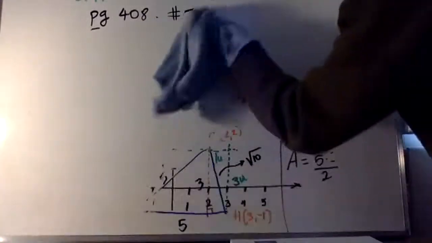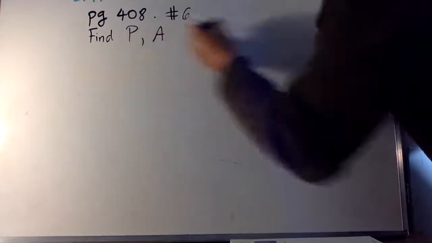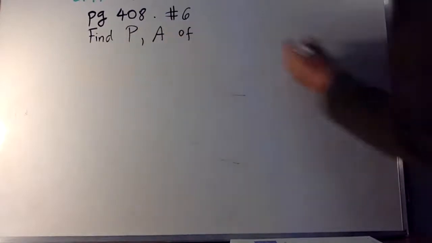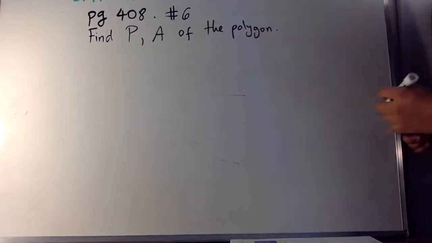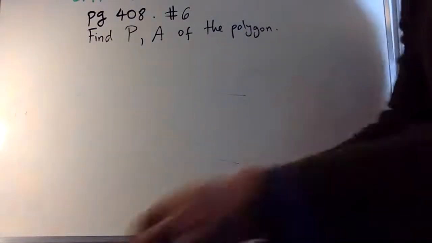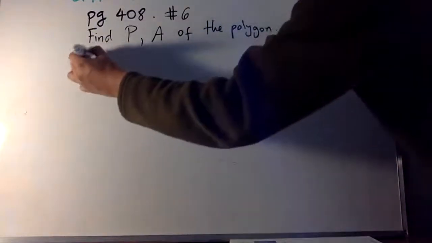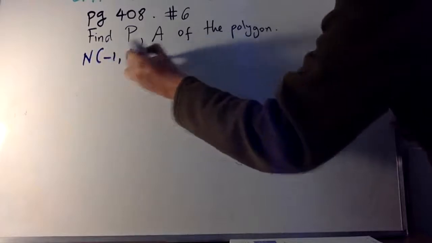But anyway, now I'm going to do exercise number 6 from that same page, 408. Remember that I am modifying the instructions a little bit because I am adding one more. So we have to find the perimeter and area of the polygon whose vertices are N, which is -1, 1.